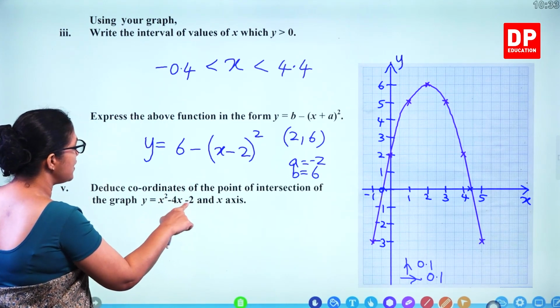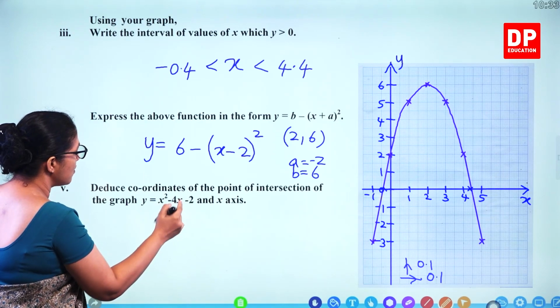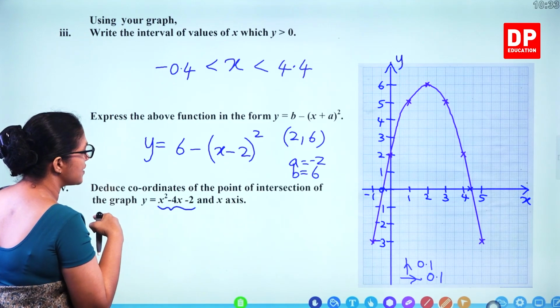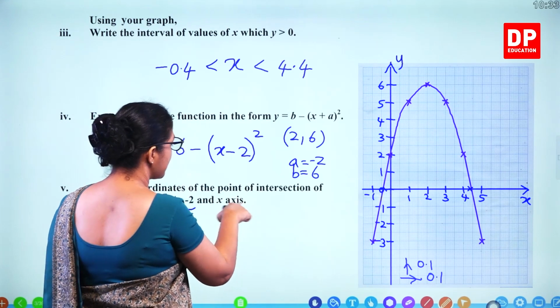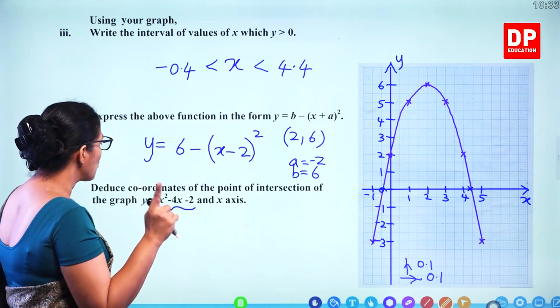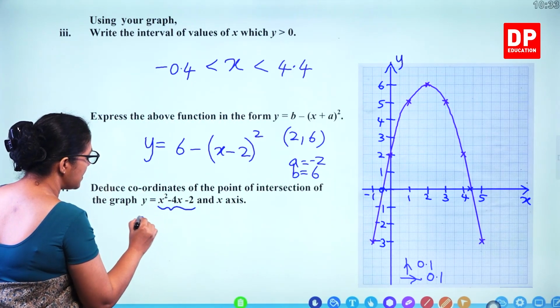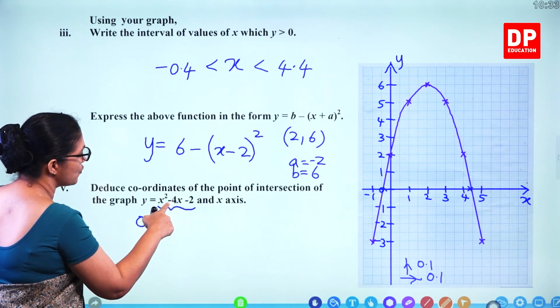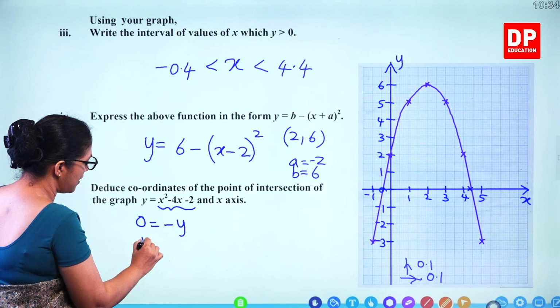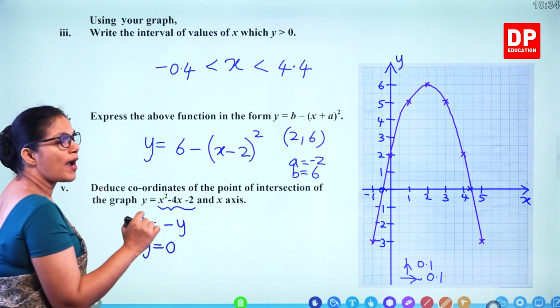So when you do this one, this is the minus y value of this, and they want the x-axis. On the x-axis means y value is 0. So y is 0 means 0 of the graph. So here minus of this graph, same thing, you can refer y equals 0.